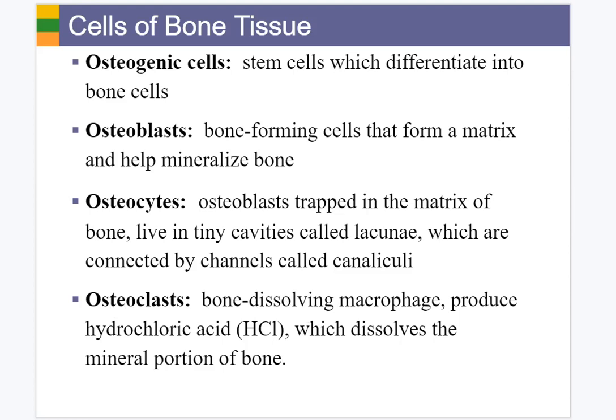So we're looking at the balance between these bone-forming osteoblasts and these bone-dissolving osteoclasts. There are reasons that your body wants to have osteoclasts. They serve a purpose, and we'll look at that later. So for now, we're just looking at osteocytes, the bone cells that are trapped in our osteons.